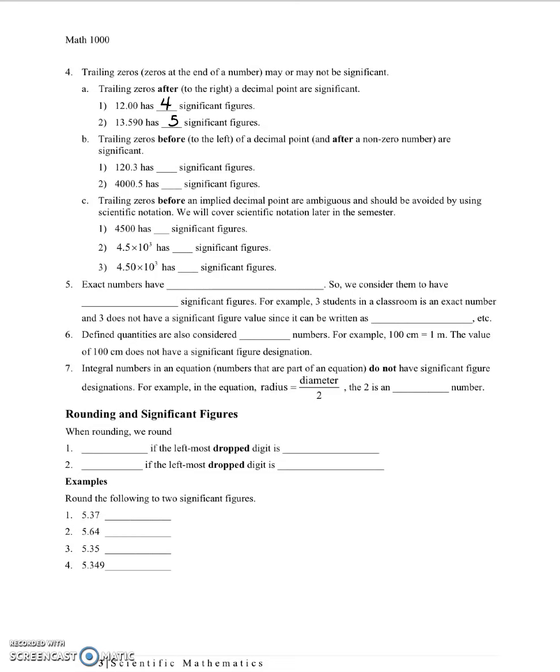Okay, trailing zeros before a decimal point and after a non-zero number are significant. So 120.3 has 4 significant figures, and 4000.5 has 5 significant figures.